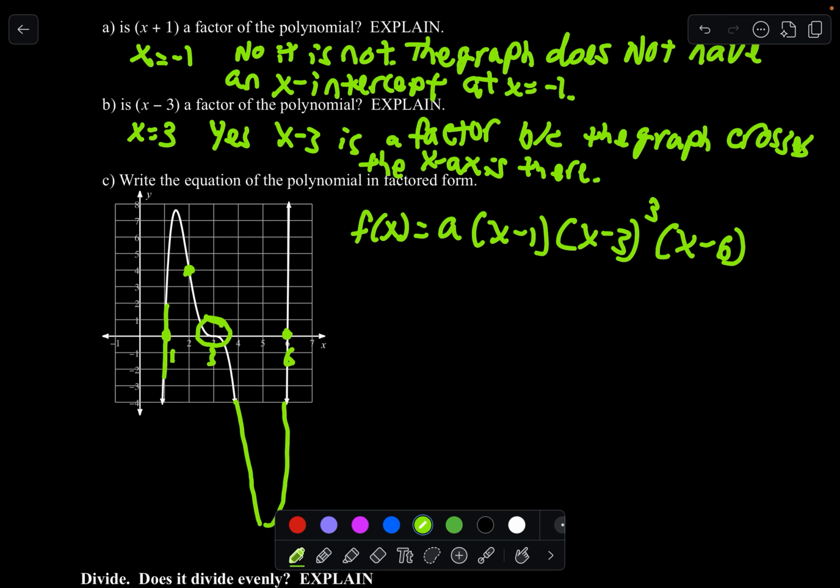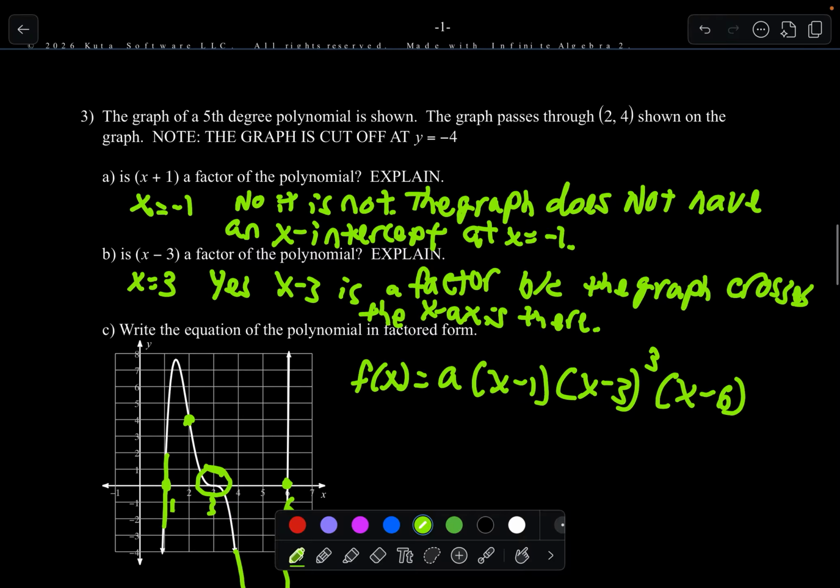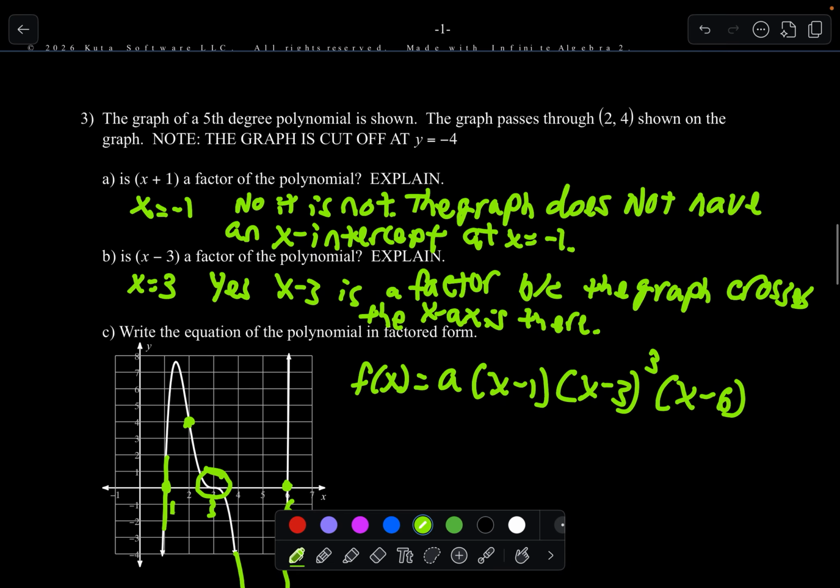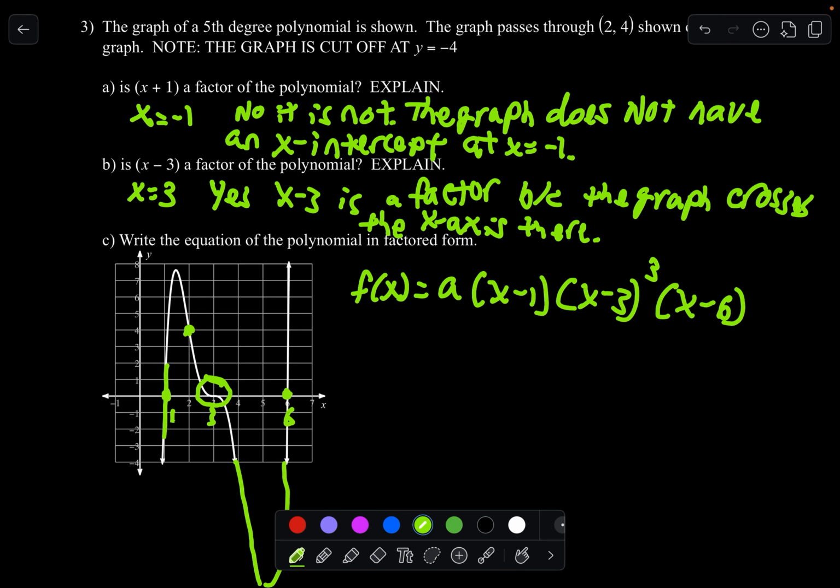So at x equals 2, the graph passes through (2, 4). So we'll use that. 4 equals a times 2 minus 1, which is 1, times 2 minus 3 cubed, which is negative 1 cubed, and then 2 minus 6 right there.